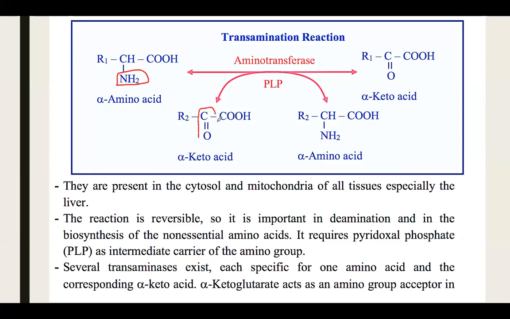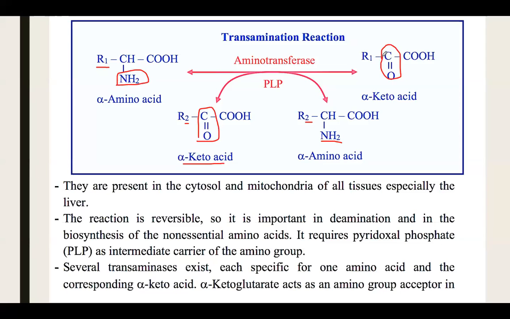This is a ketone, C double bond O. So the amino group will be translocated to this alpha keto acid, which is R2, and it will give me R2 alpha amino acid, another amino acid. And R1, the first amino acid, is converted into R1 alpha keto acid. So there is exchange of the amino group, okay?